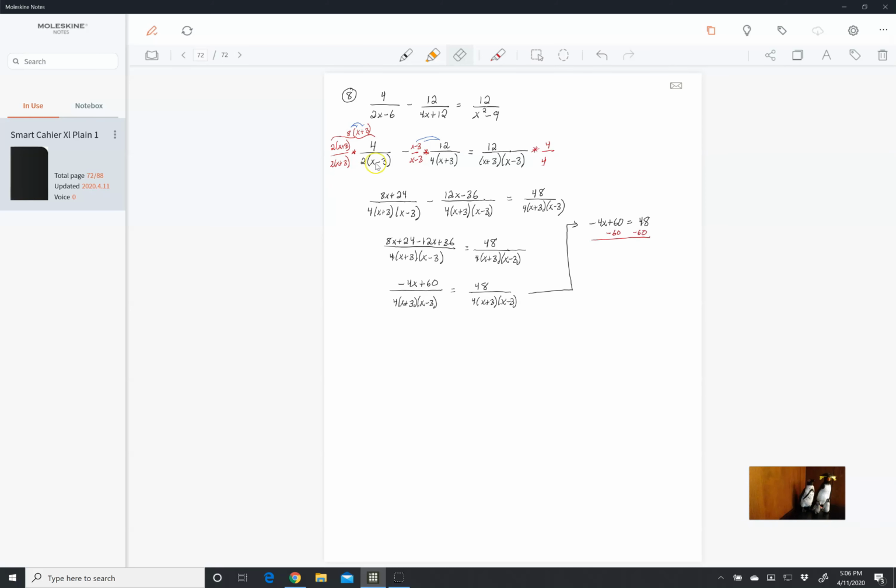That gives us negative 4x is equal to negative 12. And if we divide both sides by negative 4, we get x equals 3.